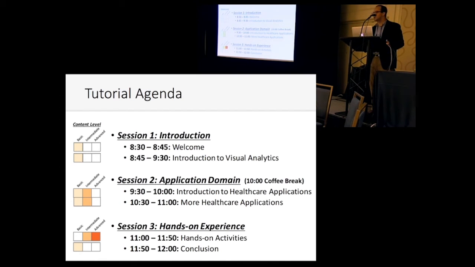So it'll be a much more technical discussion, and then we'll wrap up at the end. All right, so that gives you a highlight. The one thing I'll mention is at 10 o'clock we will take a break for 30 minutes, which aligns with the broader AMIA break, so you can get coffee, get caffeine, and be ready to come back and type some code. All right. So that's our agenda.